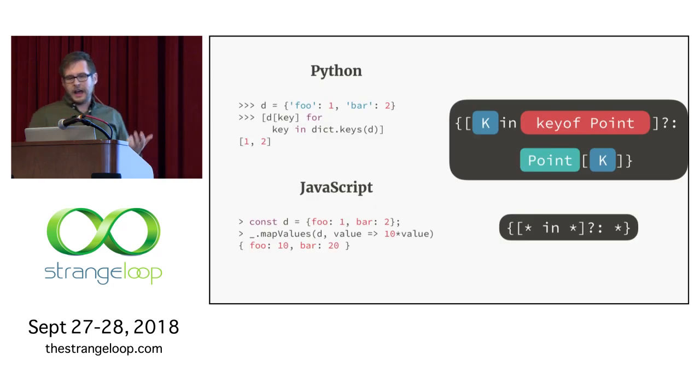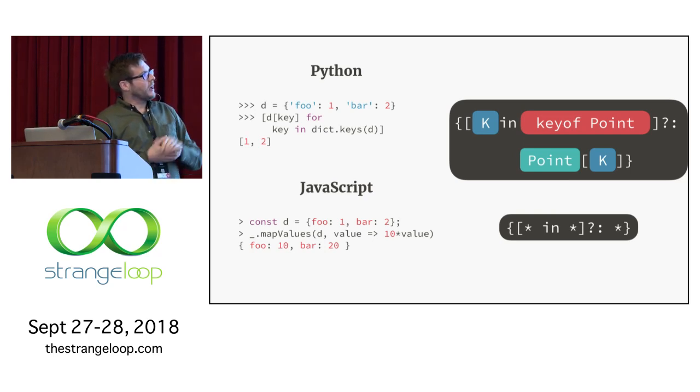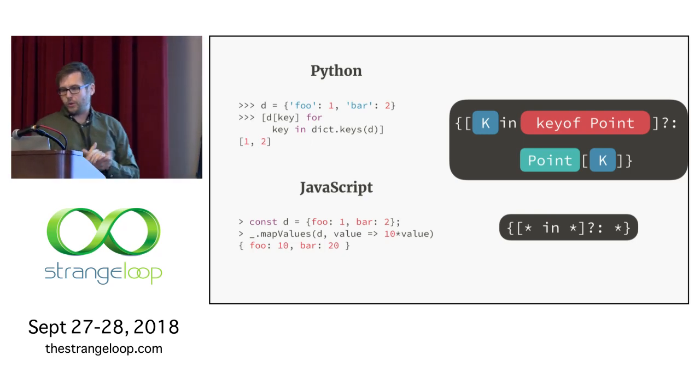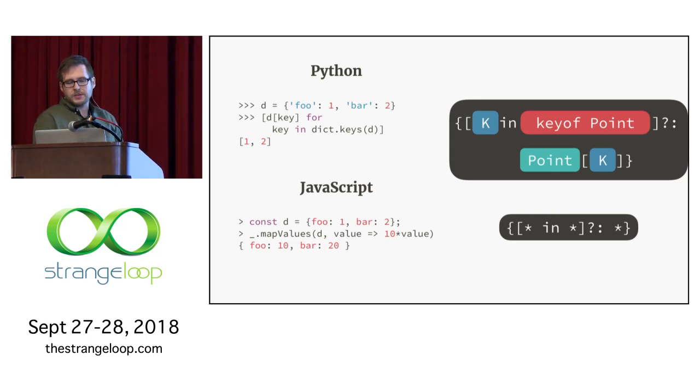Now, if we look at this at a high level, syntactically this looks a lot like list comprehensions in Python, except this is more like an object type comprehension. We're saying for each k that's a key of our type point, let's produce a property in the output type that's made optional by the question mark at the end of the first line, and whose corresponding type is computed on the second line by subscripting point with k.